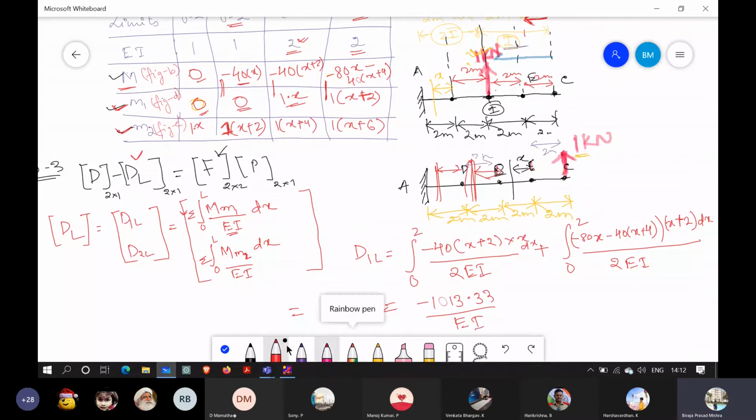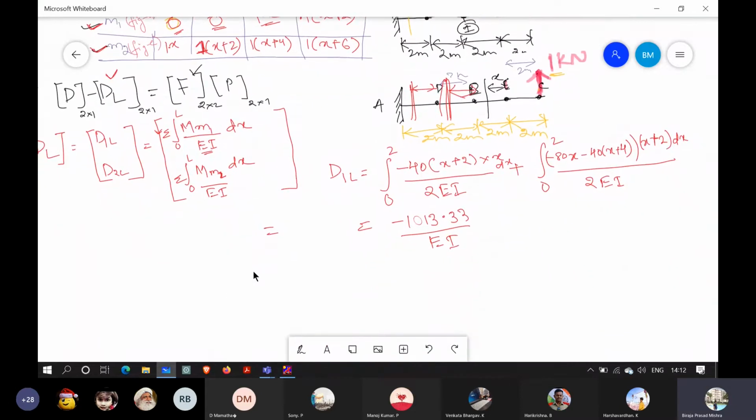Okay, so similarly, this is d1l, and similarly I am writing d2l also.